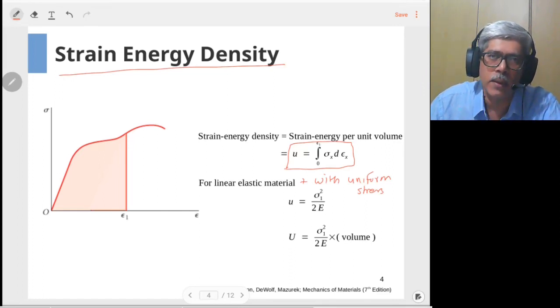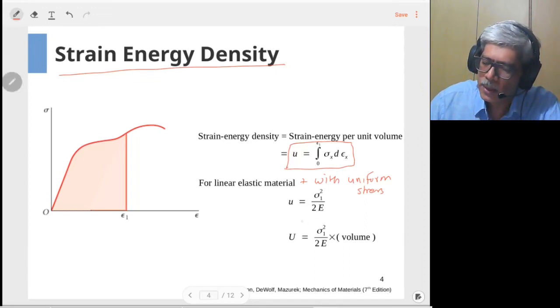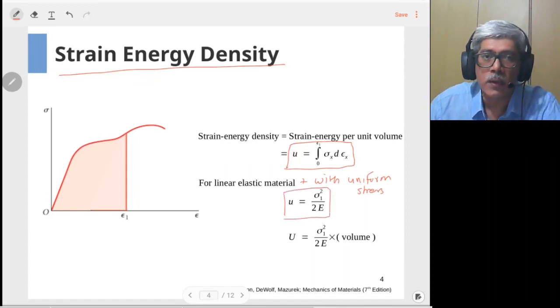For example, a bar subjected to axial stress, where the entire cross section has uniform stress. In that case, the expression reduces to strain energy density equal to sigma 1 square divided by 2E.